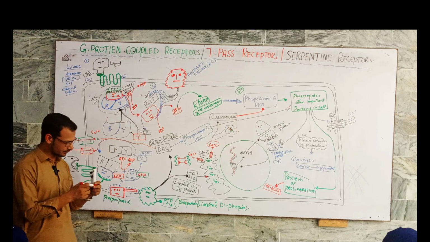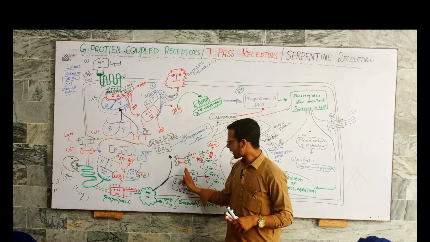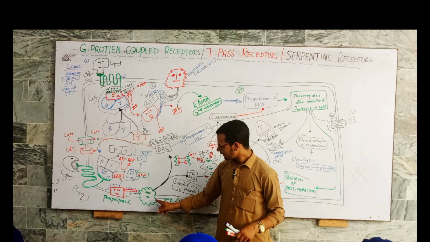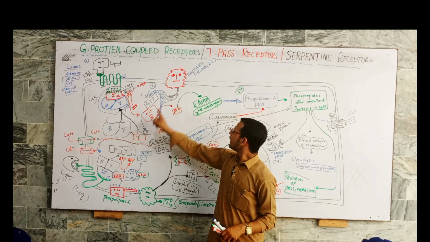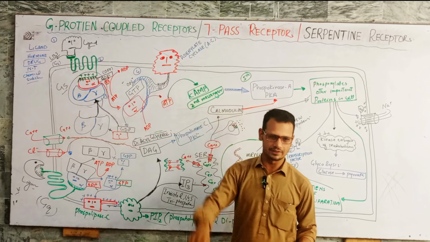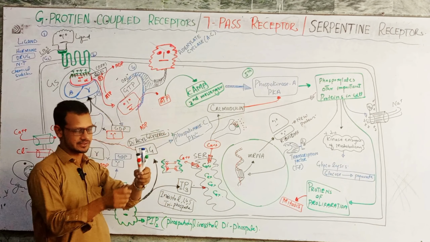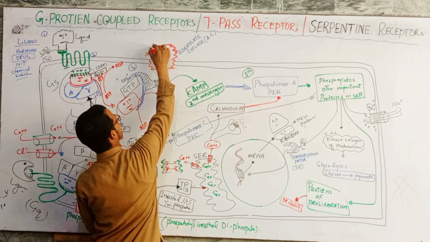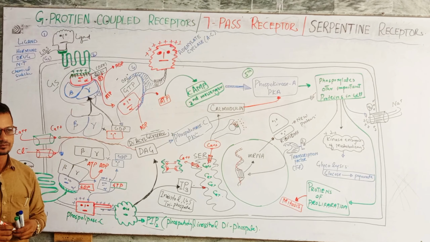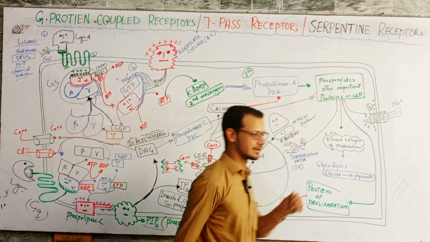But one very important point here: after formation of these second messengers, the phospholipase, the PIP2 and adenylate cyclase, how are they deactivated? For example, when it forms the cAMP, this second messenger remains activated.